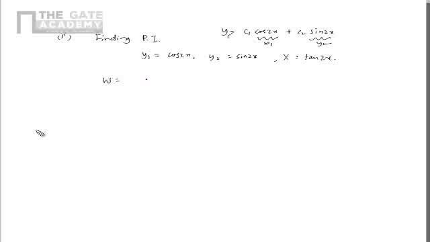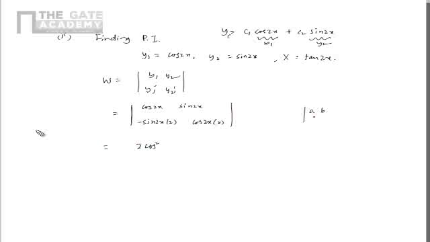Let's find the determinant w first, which is y1 y2, y1 dash y2 dash. This comes out to be cos 2x, sin 2x, and the derivative of cos 2x is minus sin 2x into 2, and the derivative of sin 2x is cos 2x into 2. For a matrix a b c d, the determinant is ad minus bc.